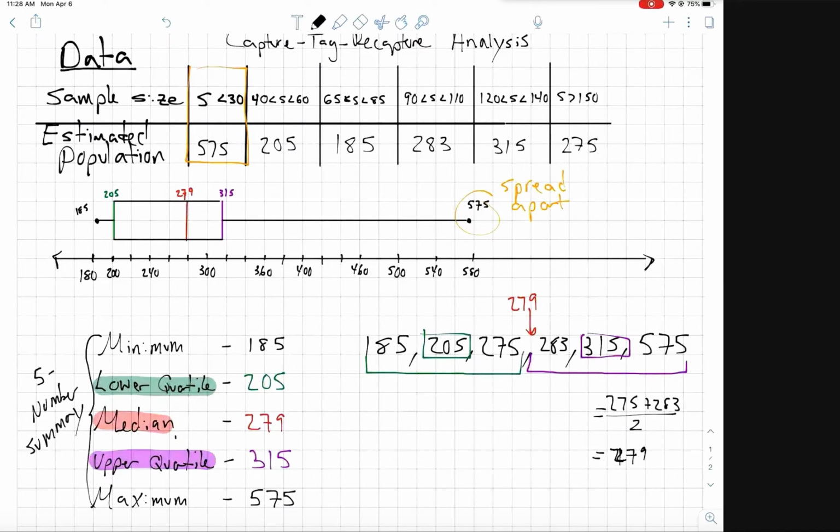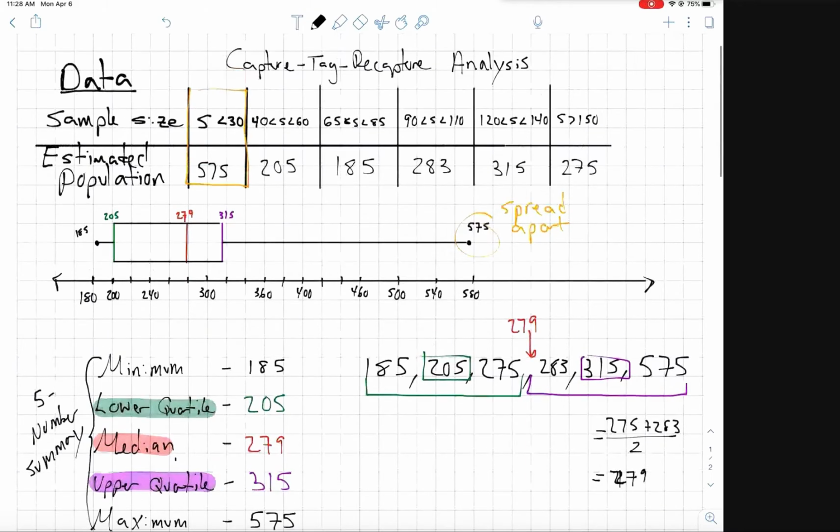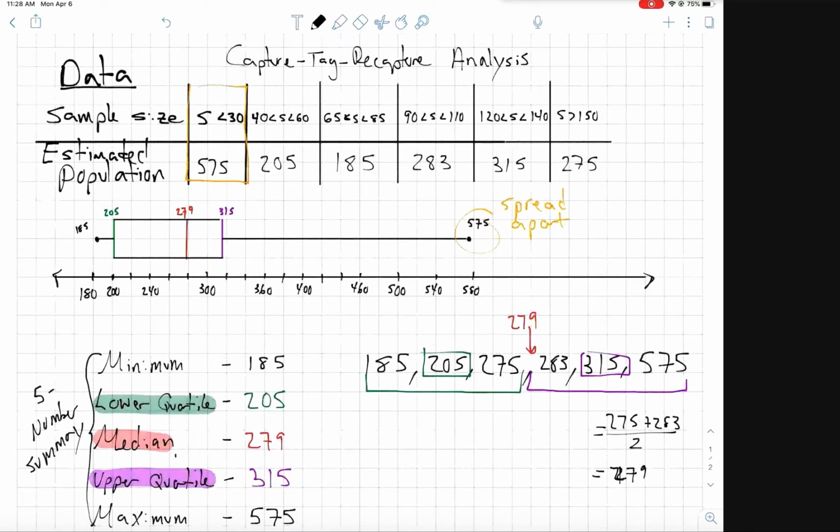So let's maybe kind of add on to that. What do we think about the sample size and our estimation? Any ideas? Again, you can type your response or you can speak your response by turning your mic on.